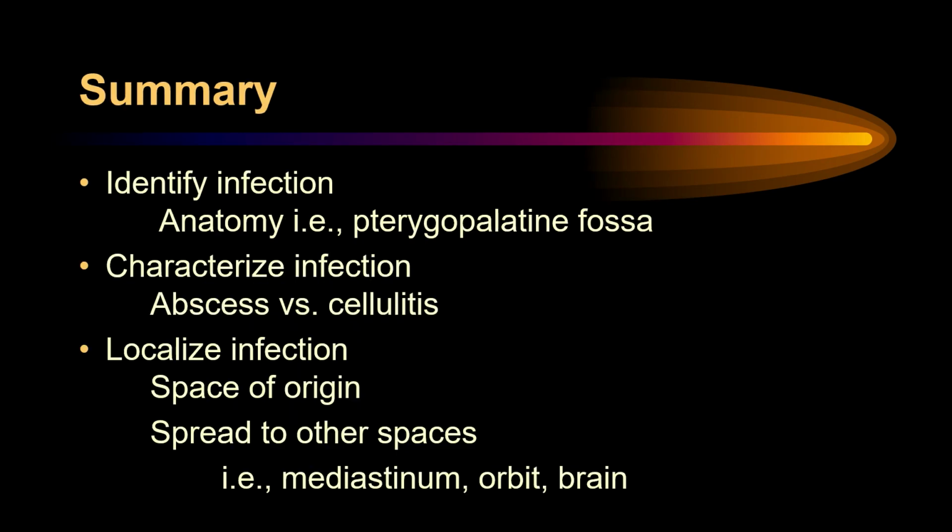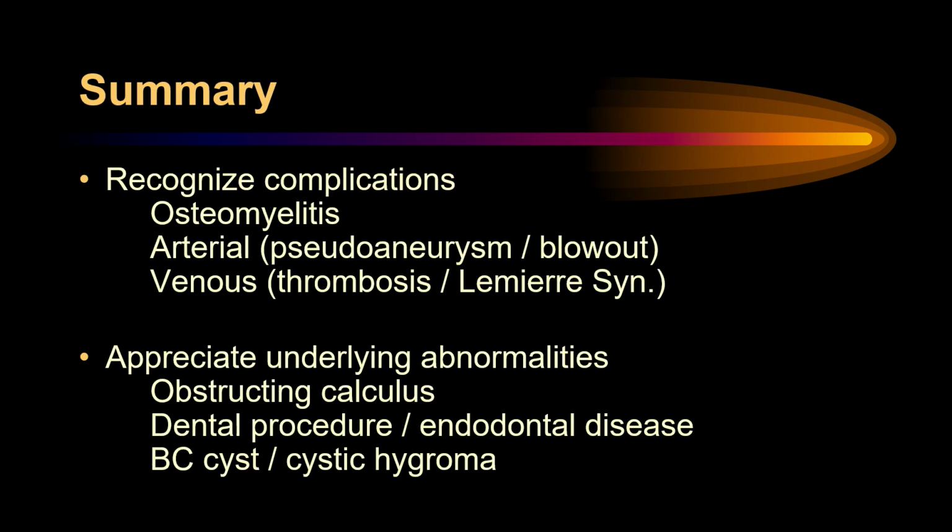So in summary, I've given you some clues about how to identify infection and shared some anatomic pearls with you. We learned how to characterize infection, specifically to differentiate abscess from cellulitis. And then we learned some anatomy about how to localize the infection, not only the space of origin, but spread to additional spaces. We recognize some of the complications.